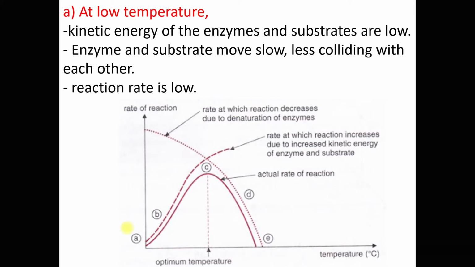So at low temperature, their kinetic energy is low, so enzyme and substrate move slowly. When they move slowly, there is less colliding with each other, so the reaction rate is low. You can see from this graph the rate of reaction is low as well.